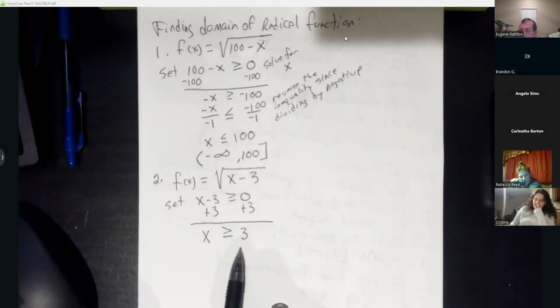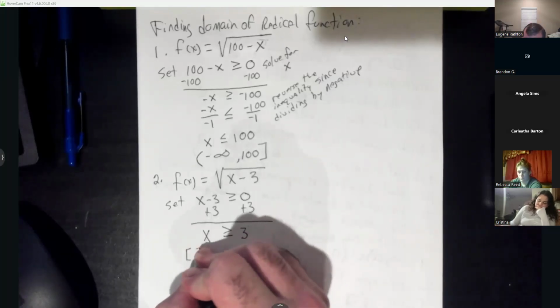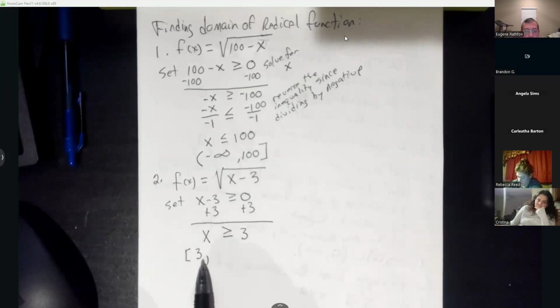So y'all, what y'all think this domain is going to be? Because on this one, 3 is the smallest number it can be. So 3 to infinity, good job. So since 3 is the smallest number, it goes first.